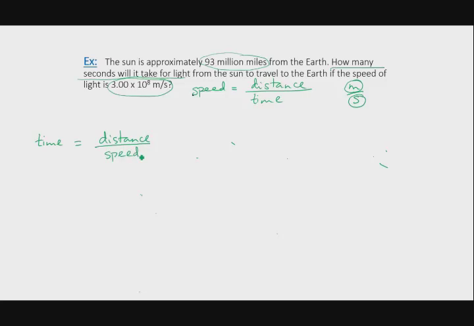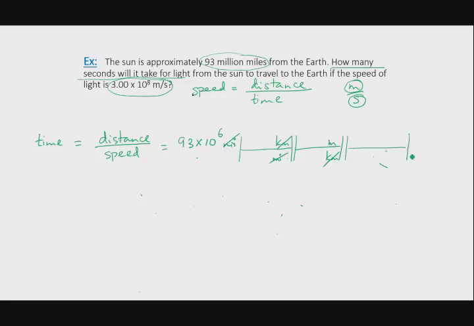In other words, the distance in this case given is 93 million, so 93 times 10 raised to 6 miles. We need to convert miles to meters so that the units of distance and the units of speed would match, allowing us to cancel some things out. So miles can be converted into kilometers and kilometers can be converted into meters, and then divided by the speed.